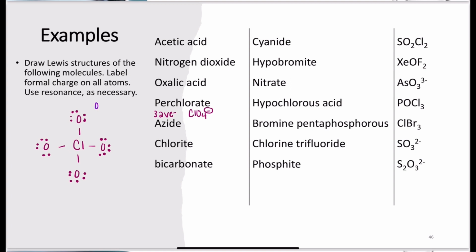Well, each oxygen has 6 valence electrons. It has 6 lone pair electrons and 1 bond. 6 minus 1 is a negative 1 charge. Each oxygen here has a negative 1 charge.